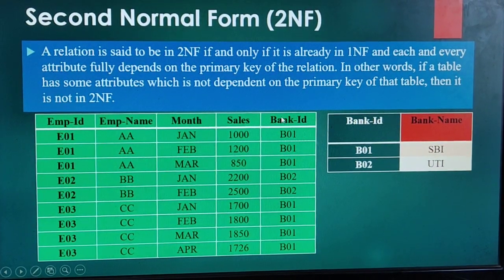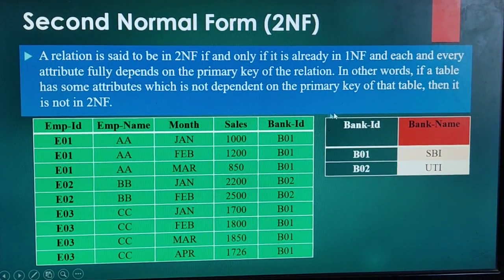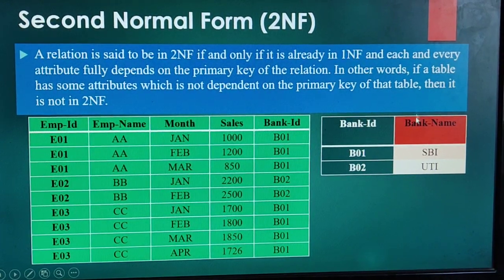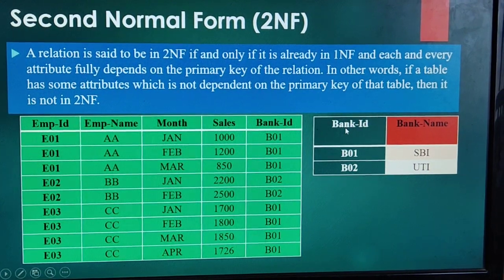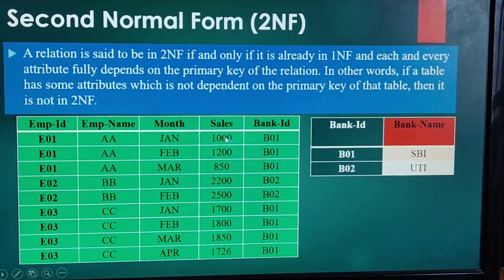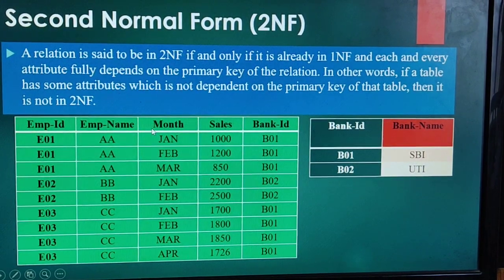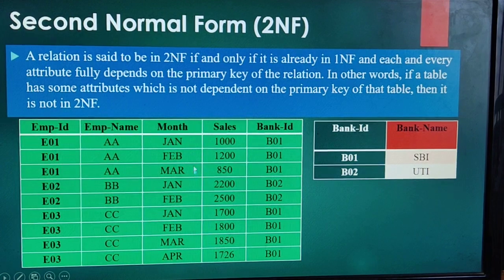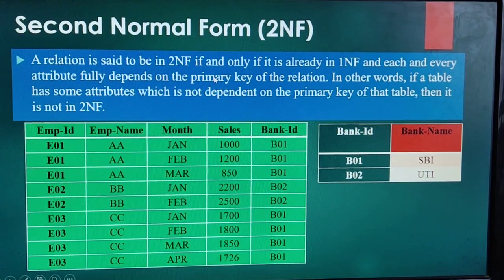For example, take attributes A, B, C, D, E, F. F is fully dependent, like bank name is fully dependent on bank ID, so we split here. Similarly, for each dependency you find, you split the relation that number of times, so we get a number of sub-relations to satisfy the second normal form.